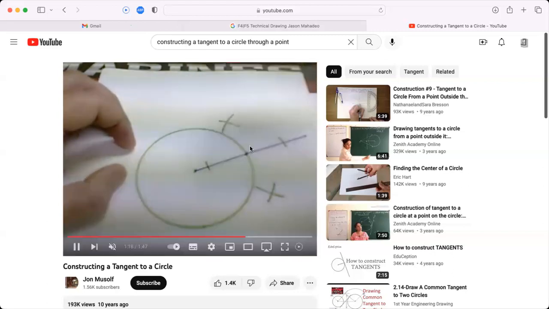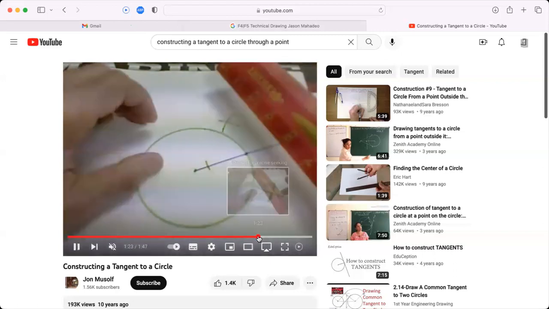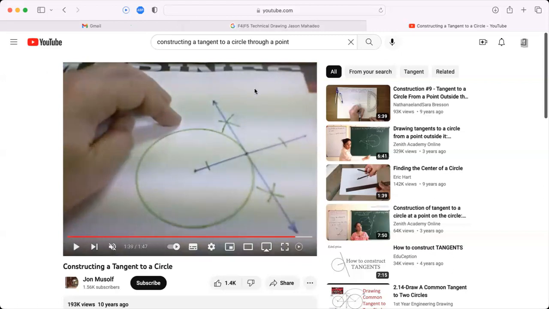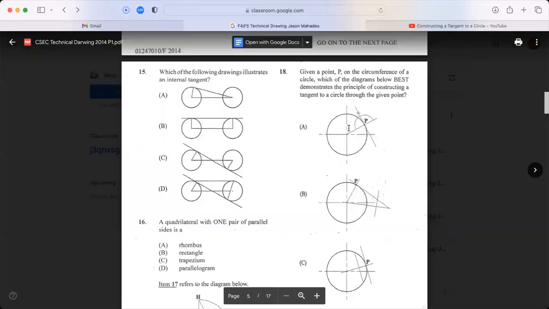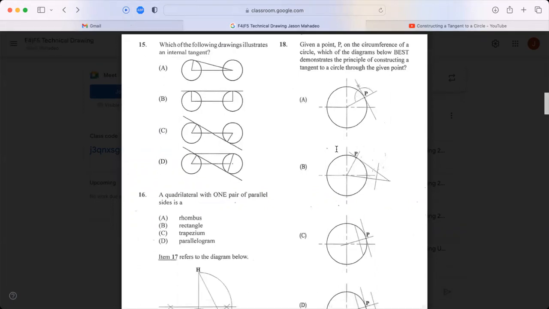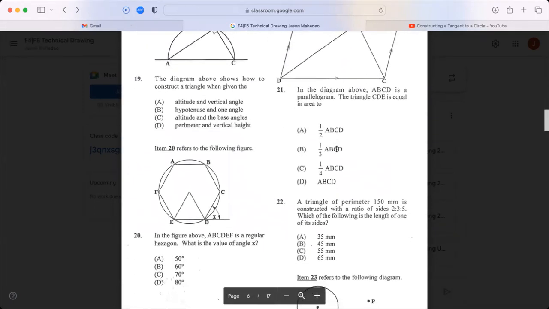Wherever those arcs intersect, that gives you your bisector. And that is how you draw the tangent at a point P on a circle. You see that X? Even though it's small, that X is two curves, two arcs. So that's why the answer is A. All right, let's move on to the next page.